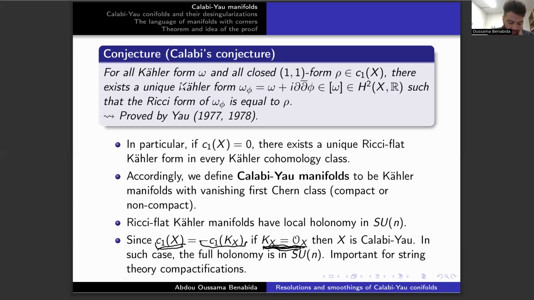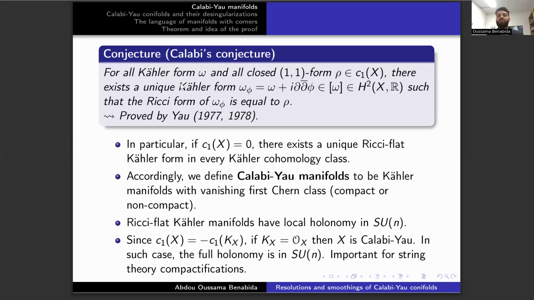and these are important for string theory compactifications. The accurate term is not string theory because there's not just one, but manifolds with holonomy in SU(n) satisfy the supersymmetric conditions that arise from string theory.